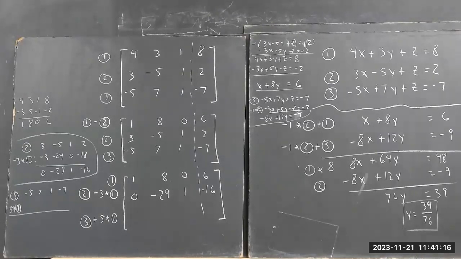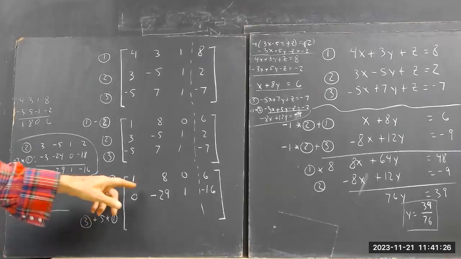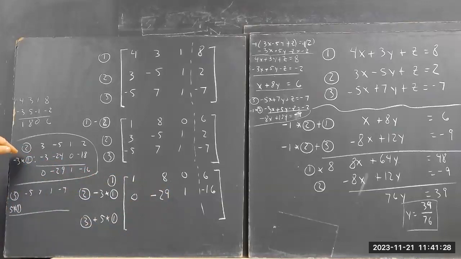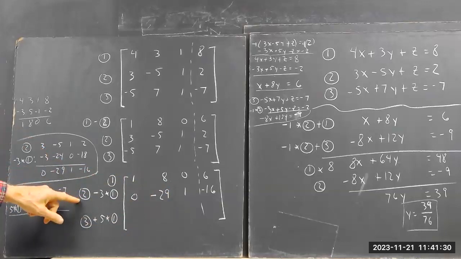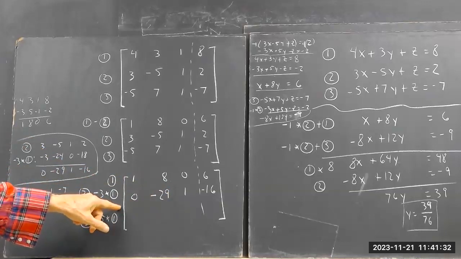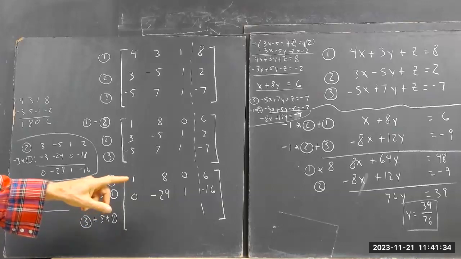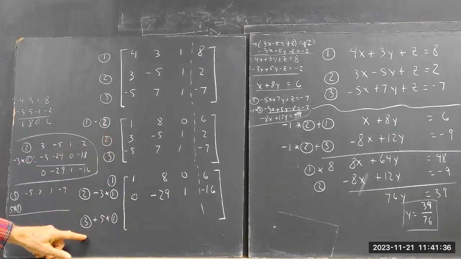Now you've done this in your head, and maybe it's right and maybe it's wrong. But what you really want to do is write it out like this. The one we just did, I wrote equation 2, because we're doing equation 2 minus 3 times 1, right? This is what we're doing now.